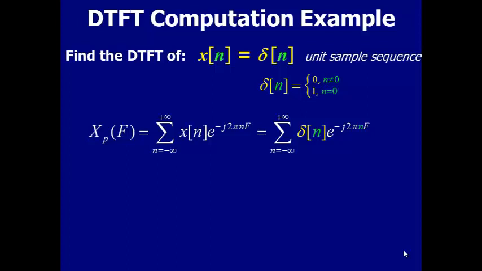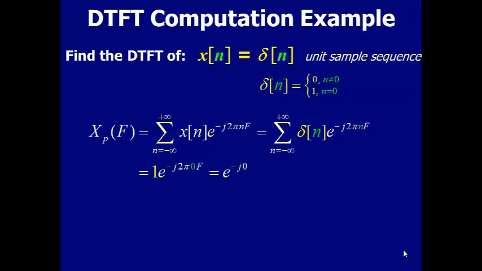So that whole summation doesn't matter. Everything except n equals 0 goes away because delta sub n will be 0. So I'm left with just one term out of the whole summation, the n equals 0 term.